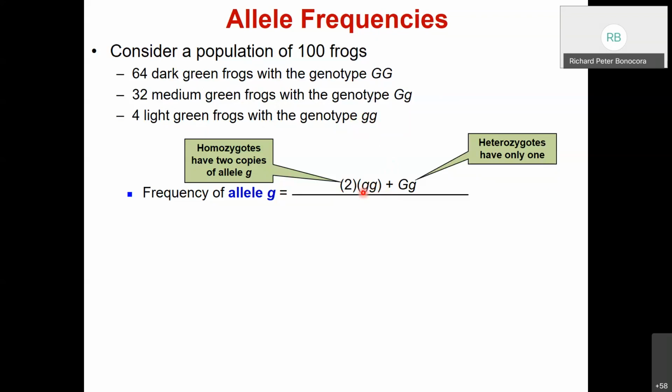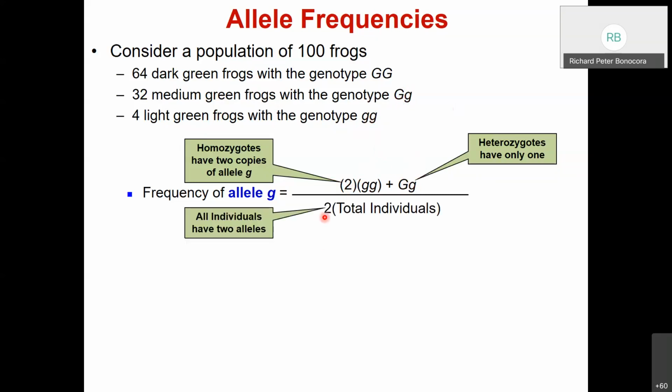So in counting the alleles, each individual has 2 alleles. In this case, these are the homozygous little g, plus all the individuals that are heterozygous, because they have 1 of these little g alleles. And so this will give you the total number of little g alleles in the population, right? 2 from each one of these, and 1 from each of the medium green frogs.